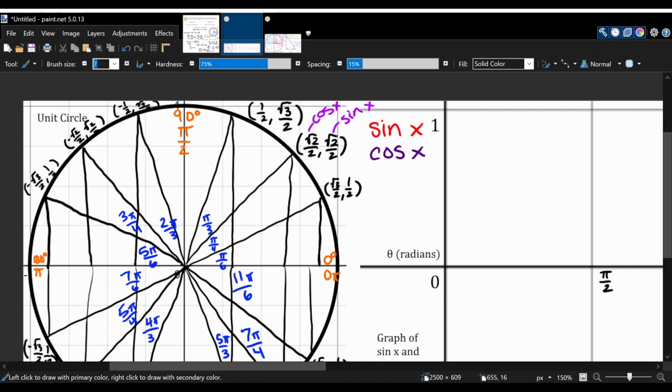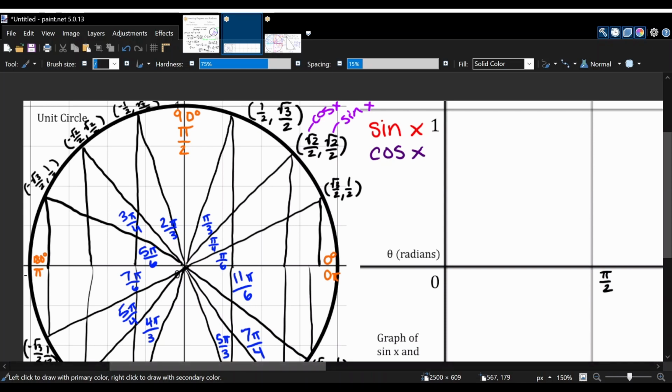So we're going to be using the angle made by the triangle to figure out where it intersects with the circle. Once we figure out where it intersects with the circle, we're going to use the coordinate point to find the y value.